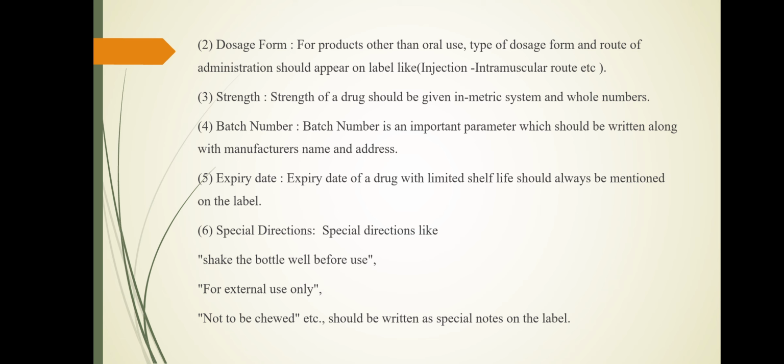The expiry date will give the information on the limited shelf life of the medication which is placed in that carton or any other container. Special directions will include: shake the bottle well before use, for external use only, not to be chewed, etc. These are the things which are to be mentioned on the label.